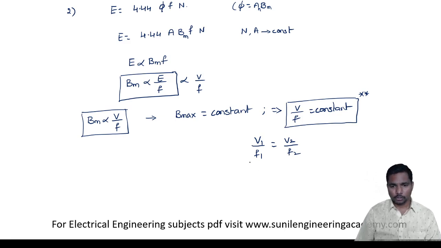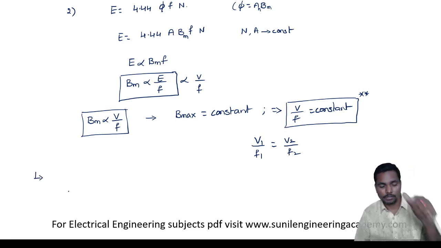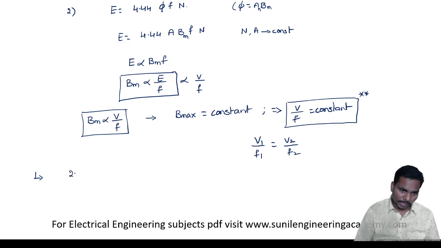Okay. So based on this, a lot of questions are framed. Example question: if a transformer having 240 volts, 60 hertz is operated, then its B max is 1.2 Tesla.